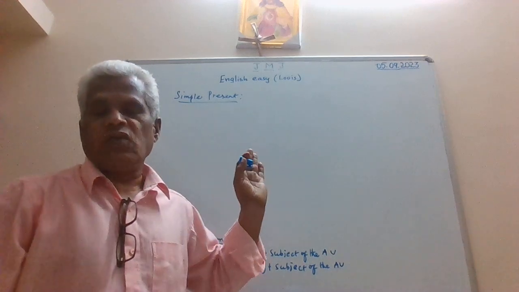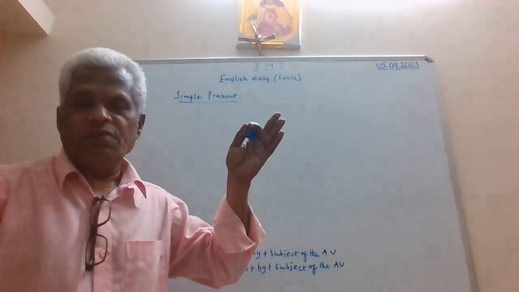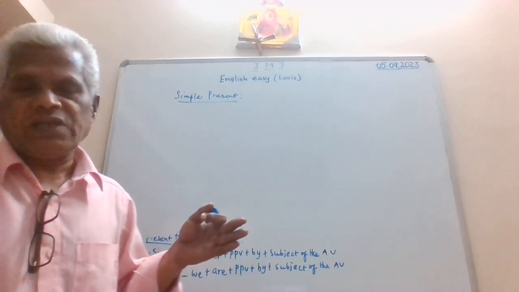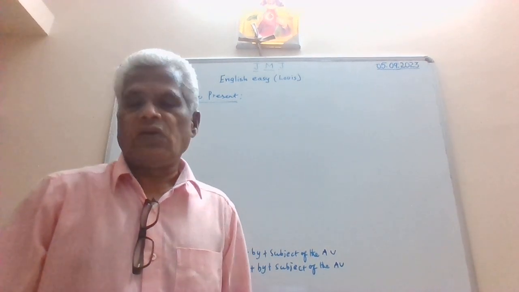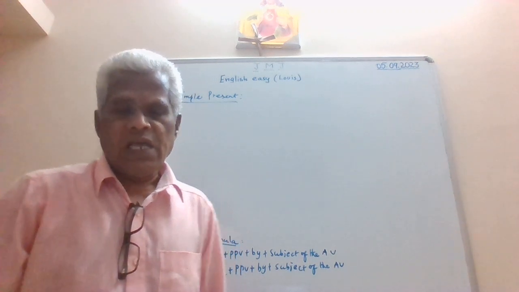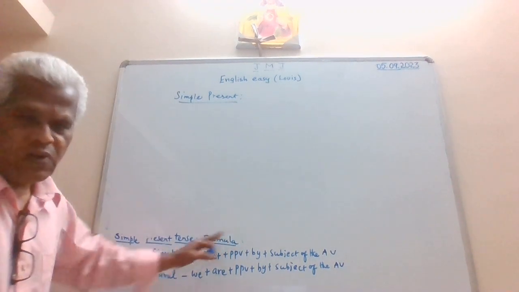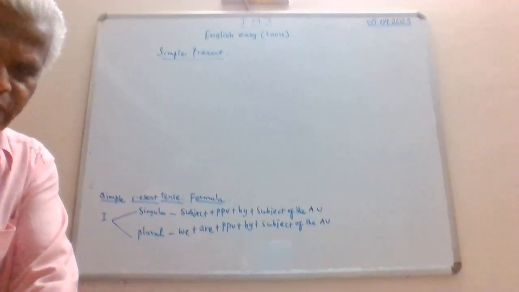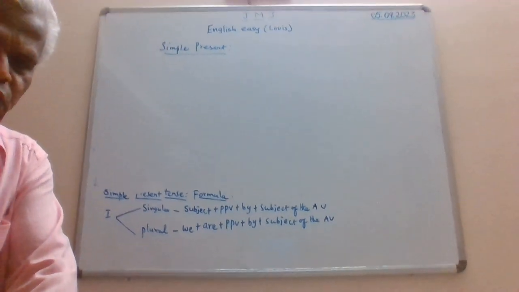Now we go by singular and plural, starting from first person singular plural, second person singular plural, and third person singular plural. I have written them already here, but since it is at the bottom of the board, it may not be visible to you.